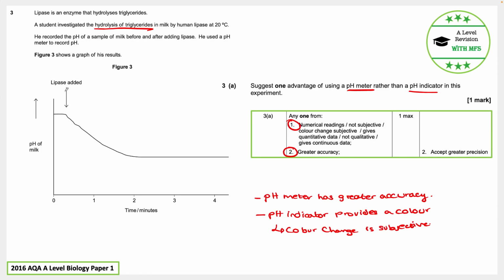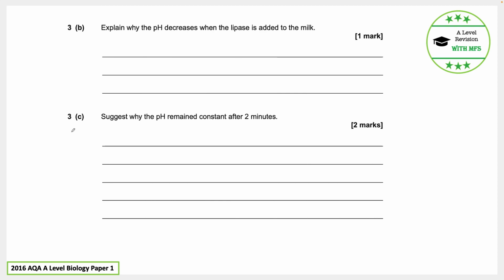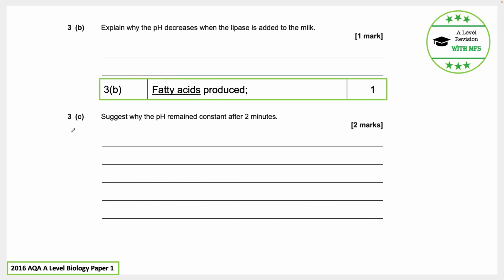Well, when the lipase enzyme is added, the fatty acid chains are going to be released into the sample, and because they are released, remember it's fatty acid, because it's an acid, it's going to decrease the pH. Okay, so for this question, all I would say is that fatty acids have been produced, which will lower the pH. Okay, and the mark scheme wants just that. Fatty acids are produced and they will lower the pH.